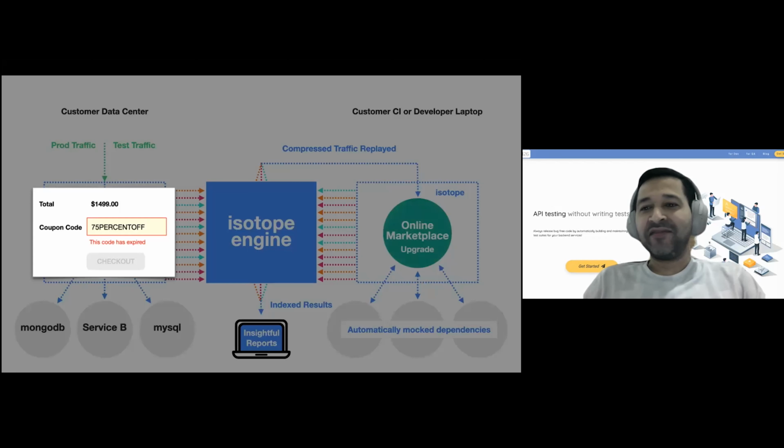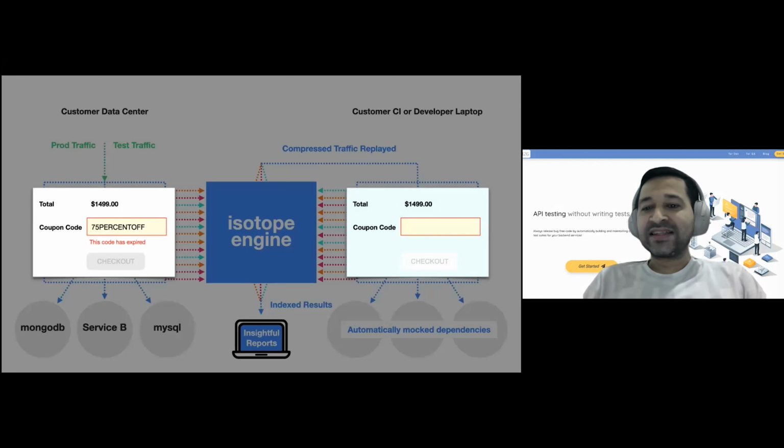And inevitably, every time I get the same message back saying that the code is already expired and to try a different code, it never worked. And that is the correct behavior of the system, because otherwise the company would lose a lot of money. In one of the changes that they were about to ship into production, they would have accidentally started accepting these expired coupon codes.